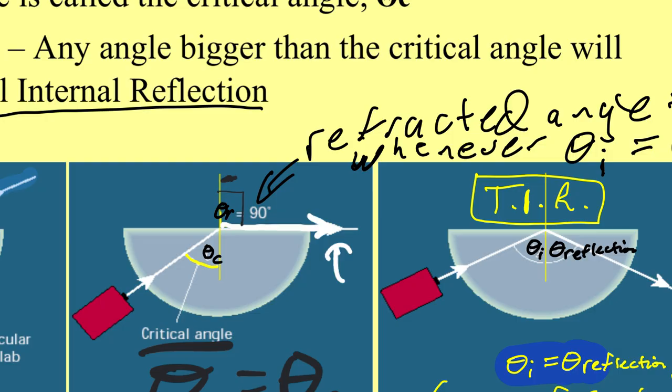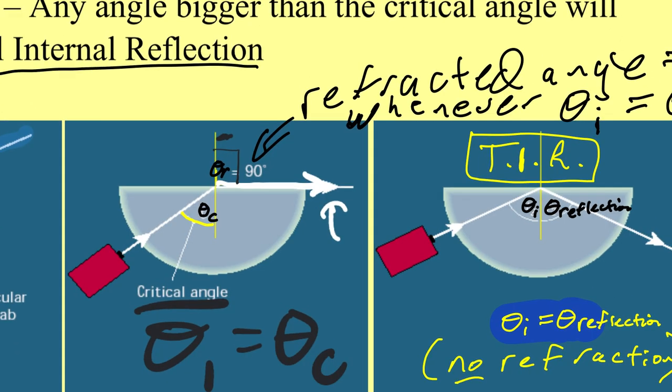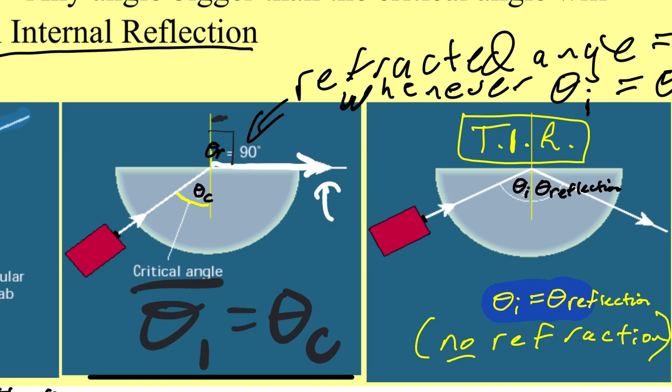So when the light's going from a higher n medium to a lower n medium, and the angle of incidence is the critical angle, that angle of refraction will be 90.